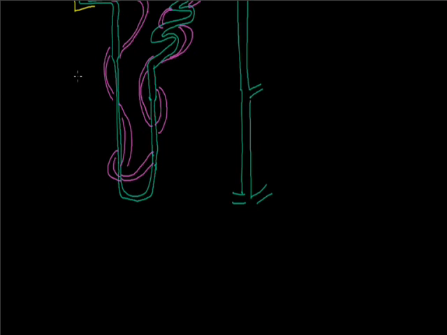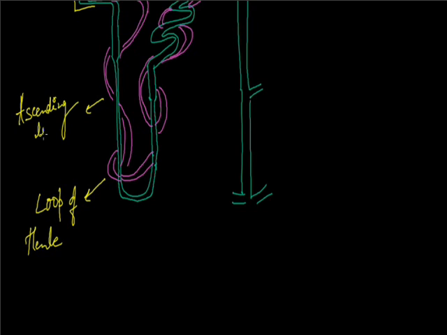This is loop of Henle, in which this part is the ascending limb, thick and thin, while this part is known as the descending limb of loop of Henle.